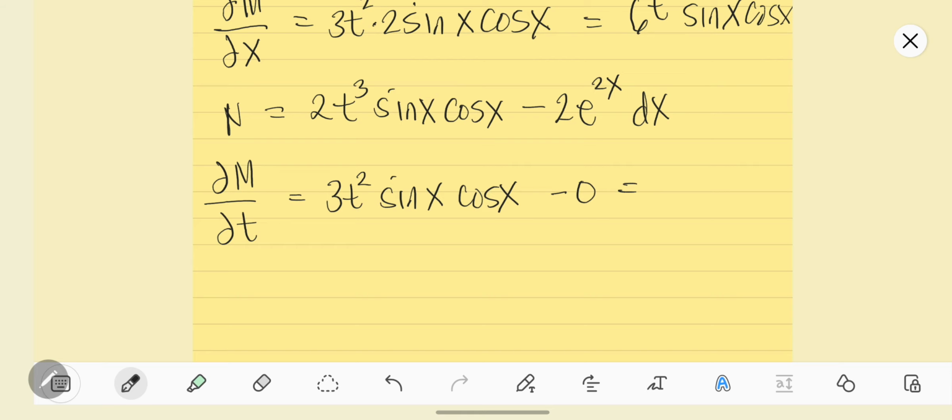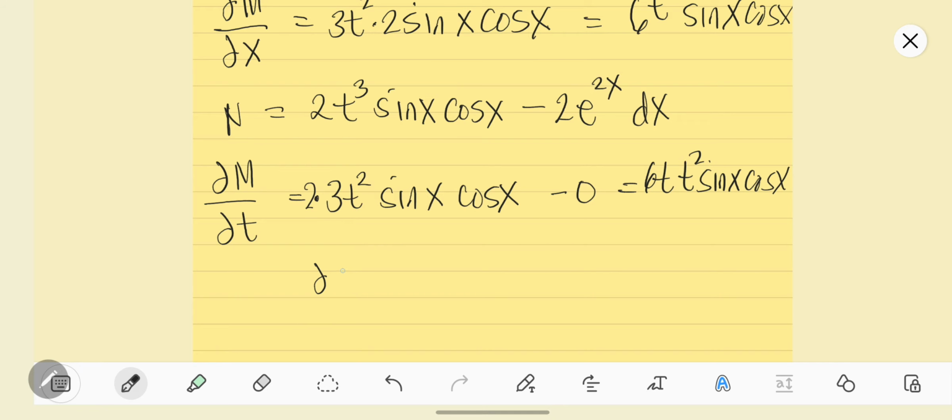This must be equal to, we have this 3t squared times, we have this 2. So that must be equal to 6t squared sine x cosine x.